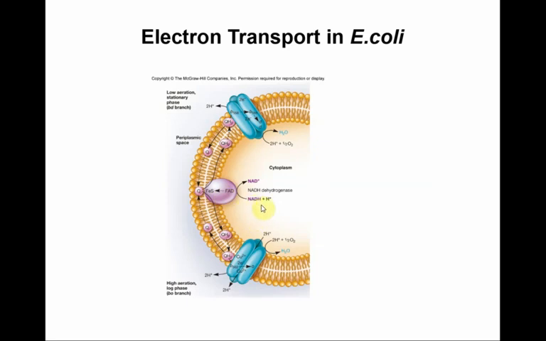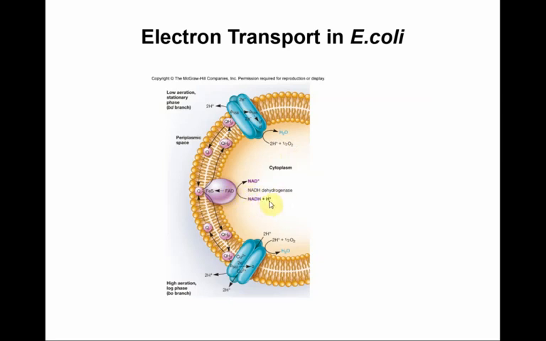Now the next step here is to take the electrons from NADH and push them onto molecular oxygen, which is a really, really great electron acceptor. It's the best, okay? So the first step is this enzyme complex called NADH dehydrogenase.